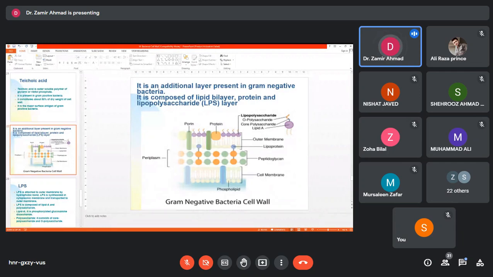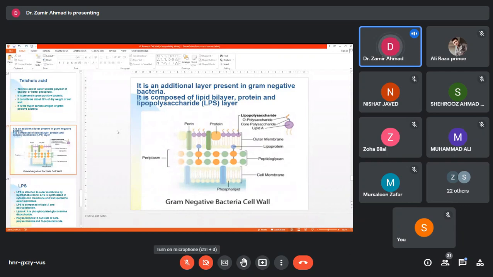It is composed of lipid bilayers, proteins embedded in it, and the lipopolysaccharides shown in purple color. So the lipid bilayer, lipopolysaccharides and proteins are present in the outer membrane of the gram-negative wall.